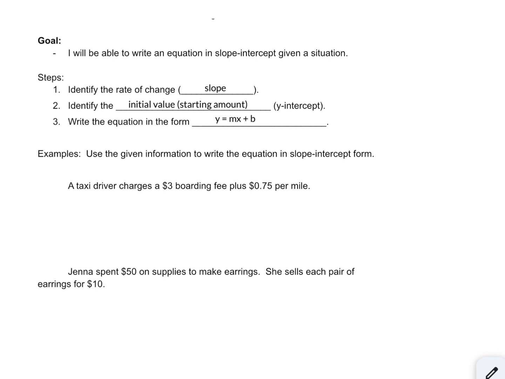A taxi driver charges a $3 boarding fee plus 75 cents per mile. When I'm trying to identify my slope, I'm going to look for keywords to represent a rate, since slope is a rate of change. Here I see the word per, and per is one of my keywords that tells me it's a rate. So my slope, or rate of change, is 75 cents.